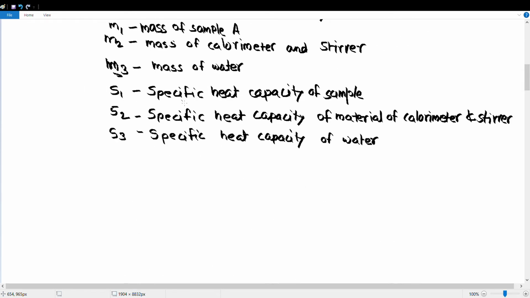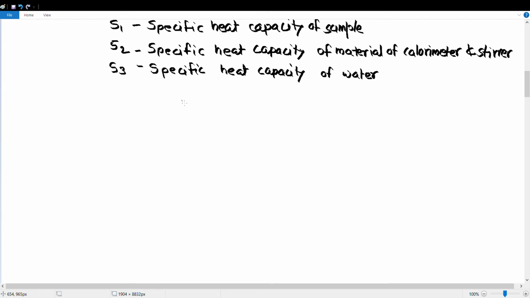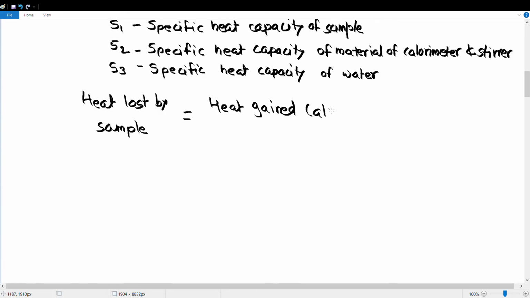So the heat lost by sample is gained by calorimeter, stirrer, and water.